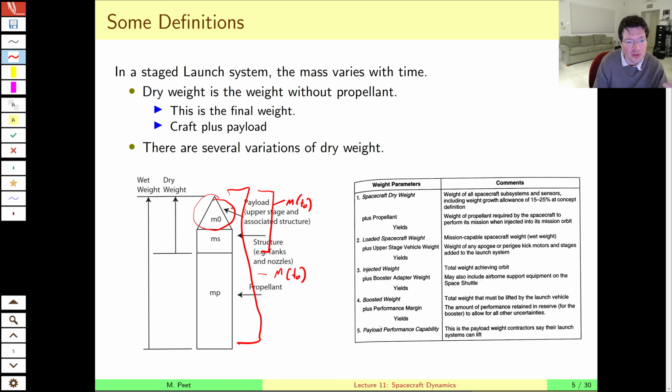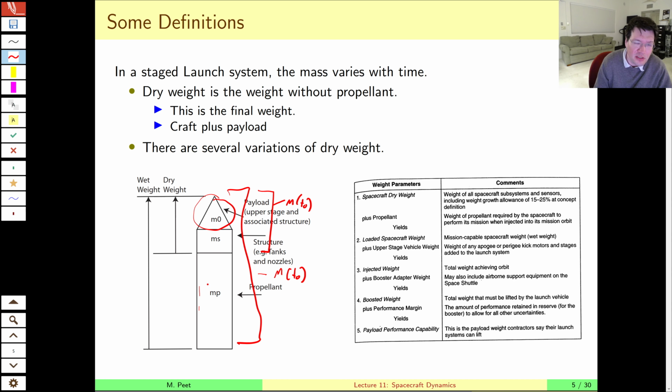So we typically refer to the dry weight and the wet weight. This is a single stage rocket, of course. We'll talk about multi-stage rockets later. But we have a dry weight, which is what happens when we've burnt off all our propellant.